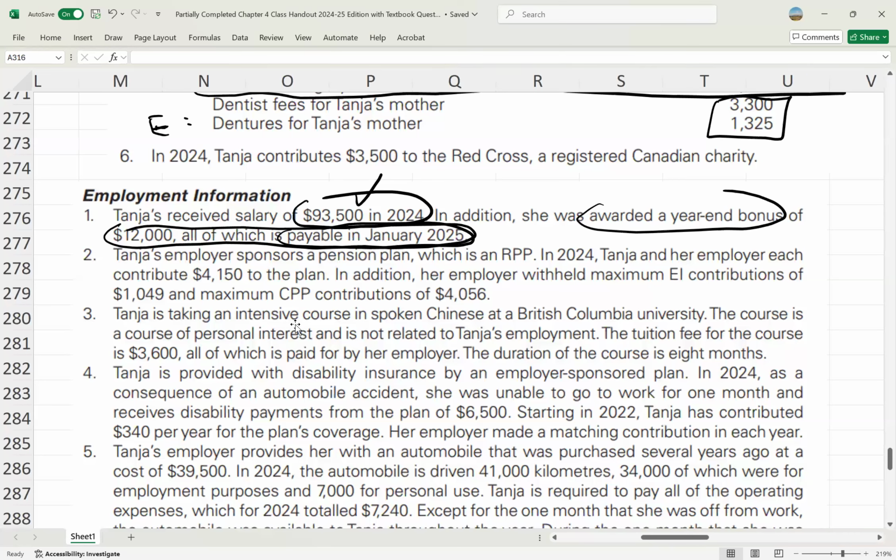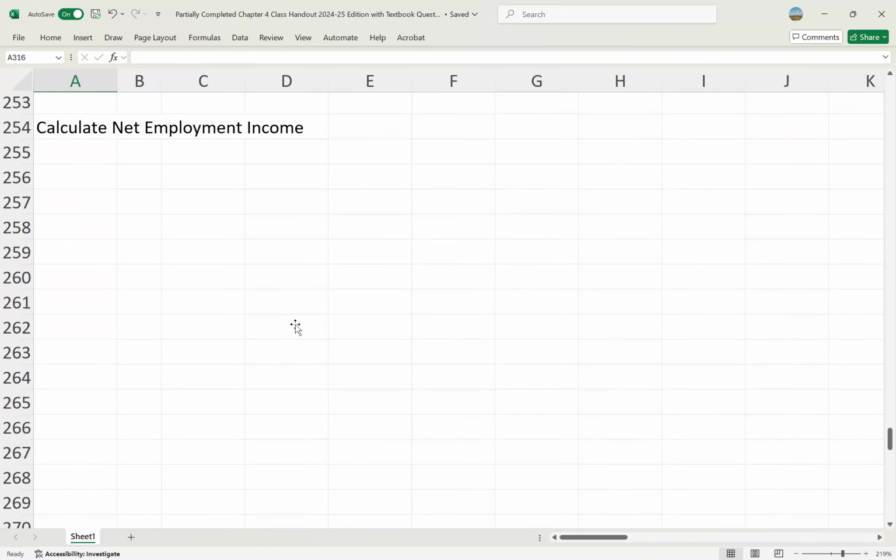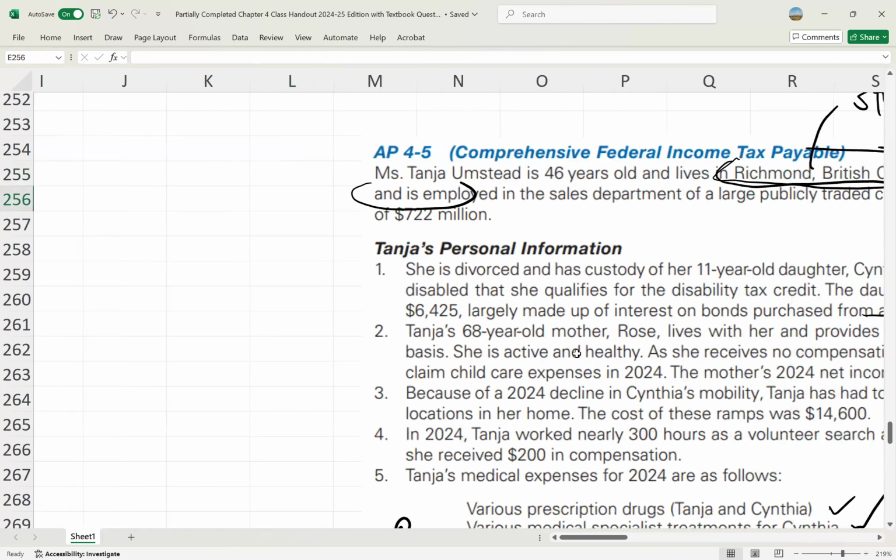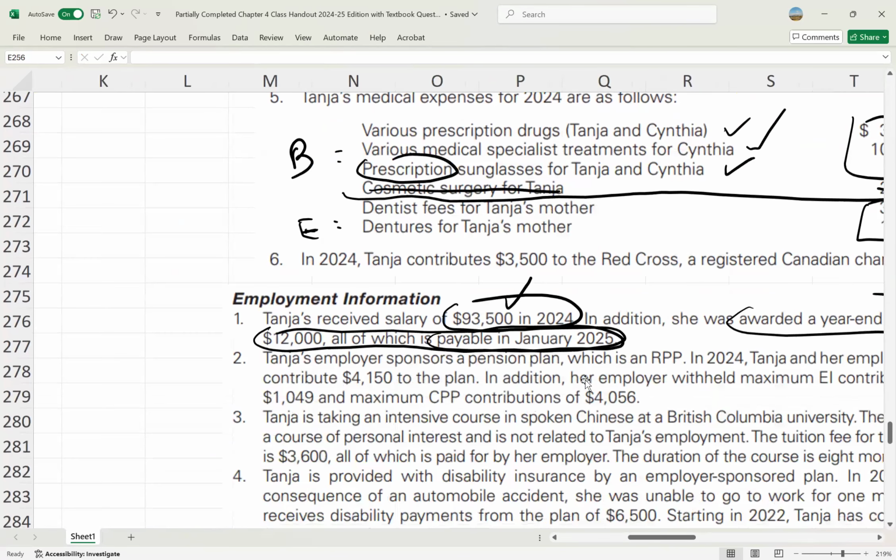So under her net employment income, we'll just put the salary amount down now. $93,500. Bonus will be included next year. Let's continue on with employment information.